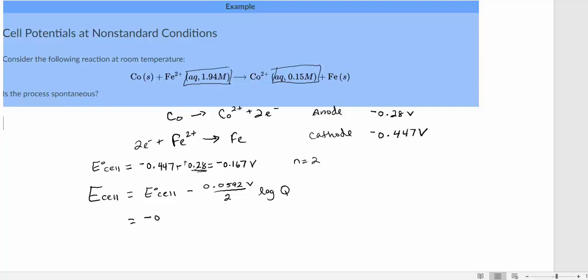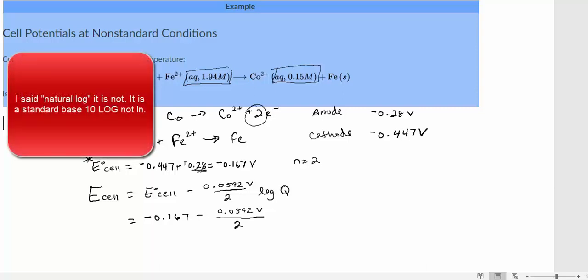So if I fill in my numbers here, the negative 0.167 is what we calculated right here, 0.0592 volts. That's what happens when we work out with our constants. 2 is how many electrons we used in our overall reaction. Then we'll take the log of the reaction quotient Q. I'm going to take the molarity of my product and divide it by the molarity of my reactant.